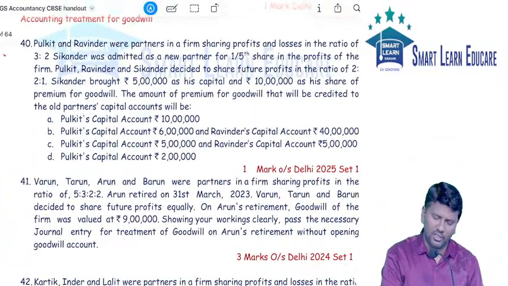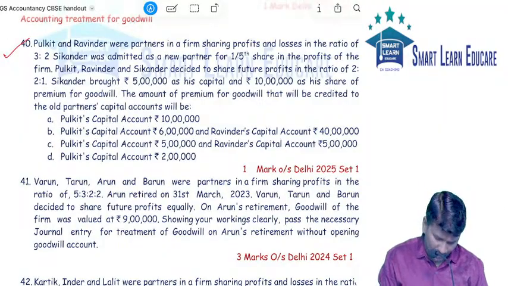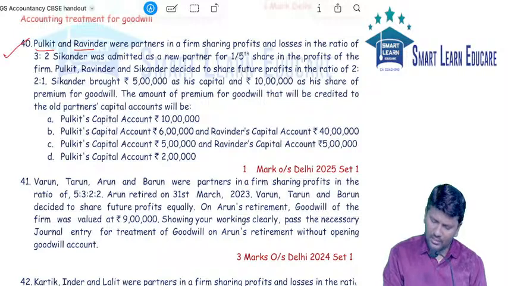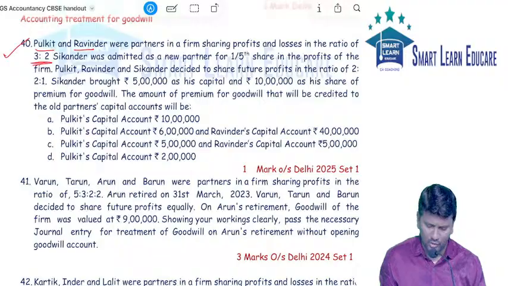Question number 40, accounting treatment for goodwill. P and R are partners. They are sharing the profits and losses in the ratio of 3:2, same as the last question, the old ratio. Now, S is admitted as a partner for 1/5 share in profit.